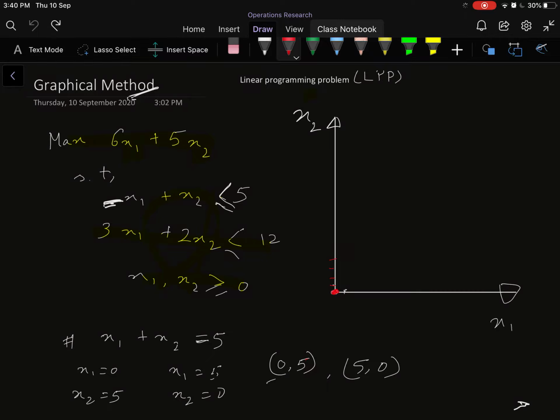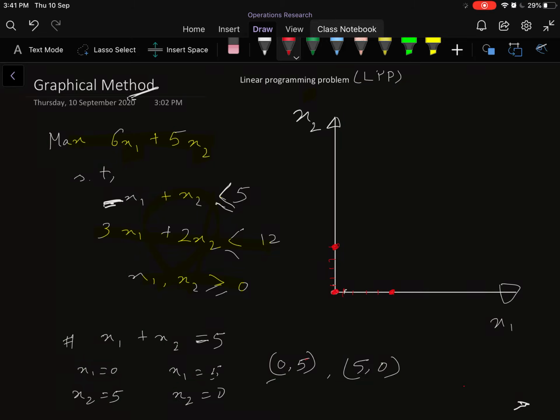1, 2, 3, 4, 5. So this point represents 0 comma 5, and if we plot 5 comma 0, then we would have 1 2 3 4 5, that is this point, which represents 5 comma 0.